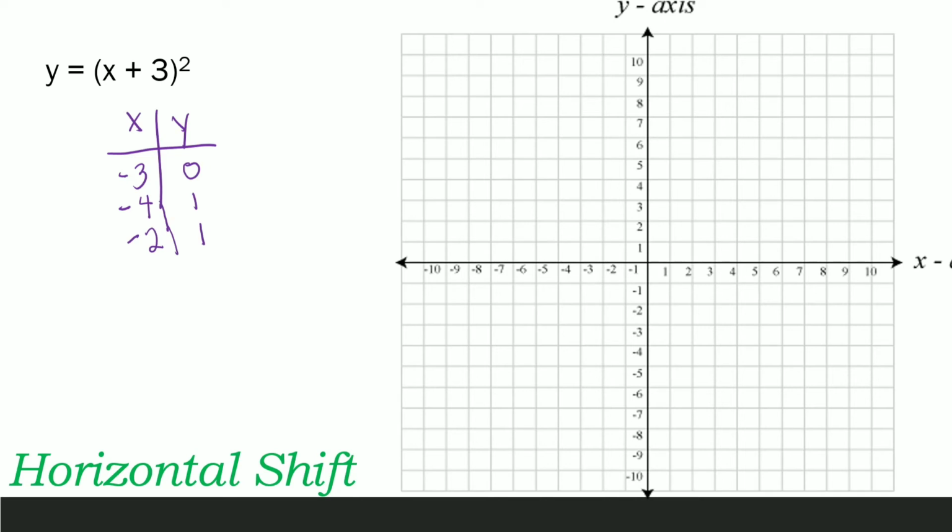So, these are the 3 points that we can use in order to graph this y equals quantity x plus 3 squared. Negative 3, 0. Negative 4, 1. Negative 2, 1.